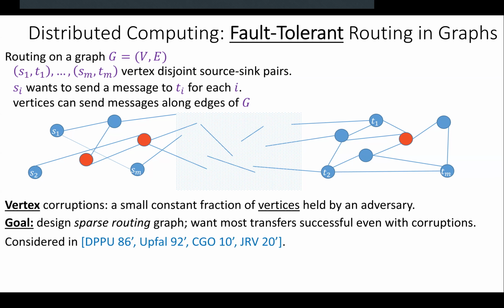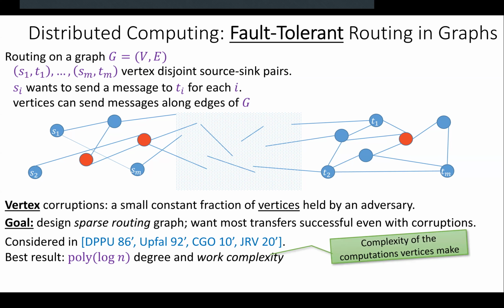This problem was actually studied from the mid-80s in the crypto community. And by now we know very good things. We know of graphs that have polylogarithmic degree and polylogarithmic work complexity, which is a notion I should have mentioned earlier. Work complexity refers to how much work each vertex does during the entire run.